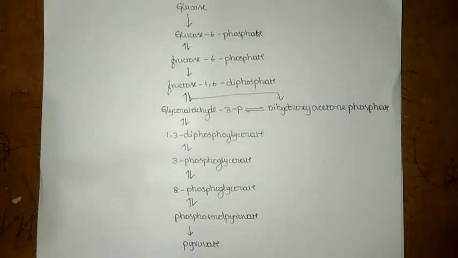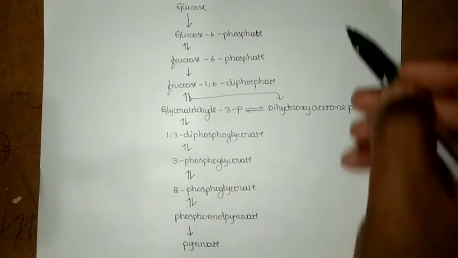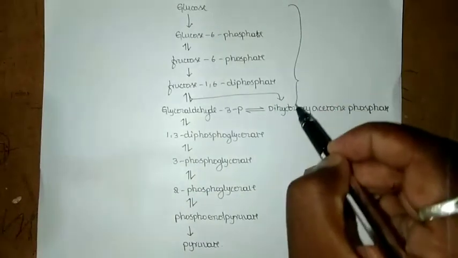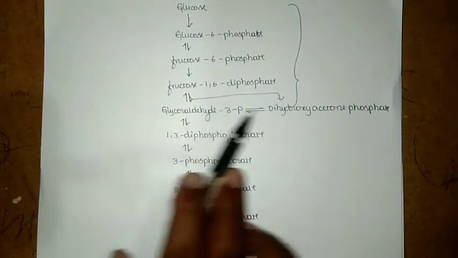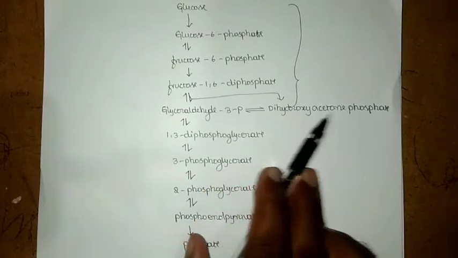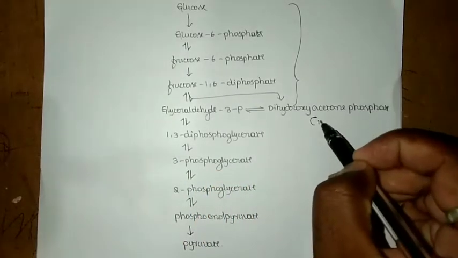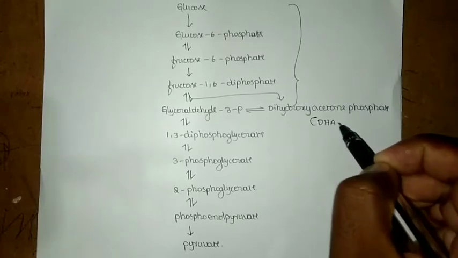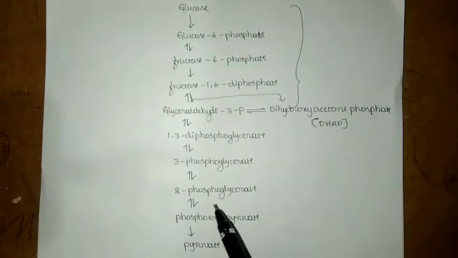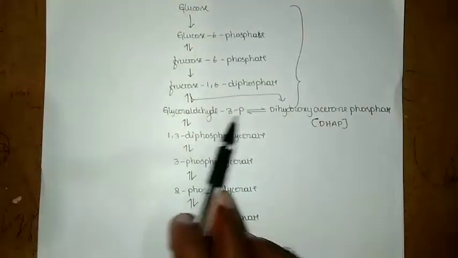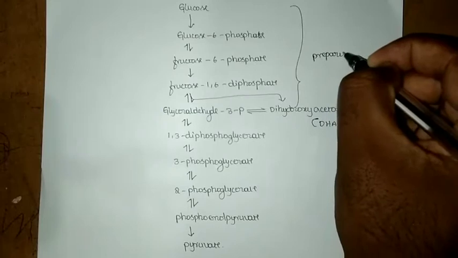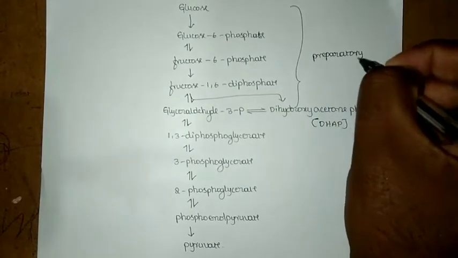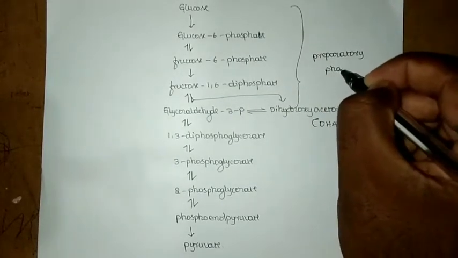But here these 10 reactions have been divided into 2 stages. The first 5 stages, that is from glucose to glyceraldehyde 3-phosphate, inclusive of interconversion of dihydroxyacetone phosphate, which can be simply abbreviated as DHAP, are called the preparatory phase.